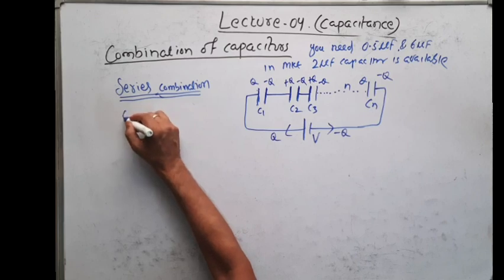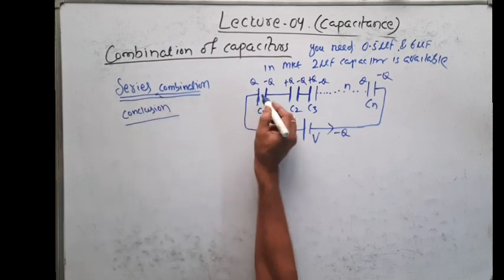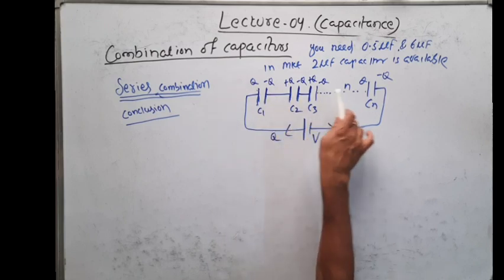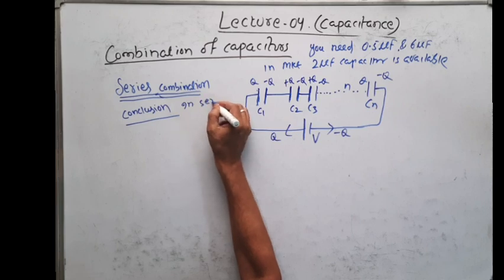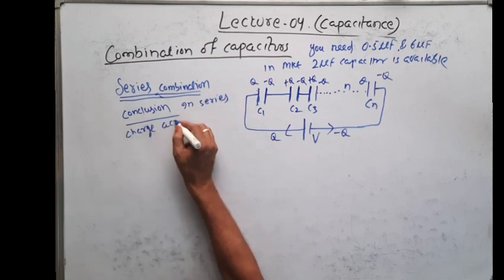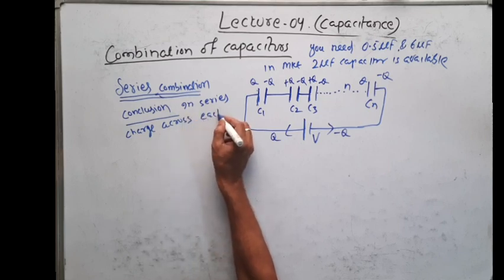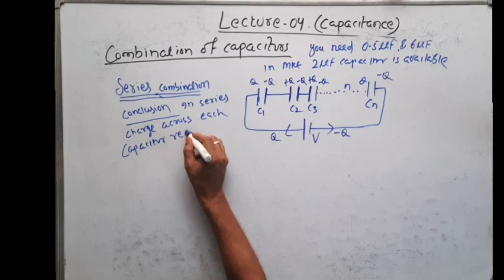Now, what is the conclusion? In this series connection, the charge across each capacitor remains the same. So I can write: in series, the charge across each capacitor remains the same.